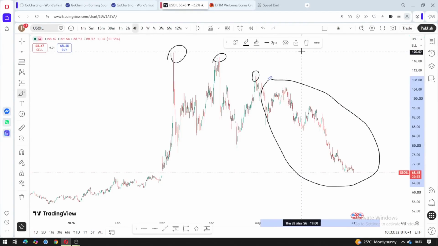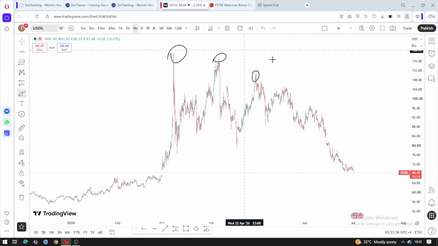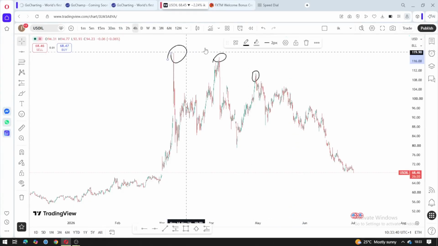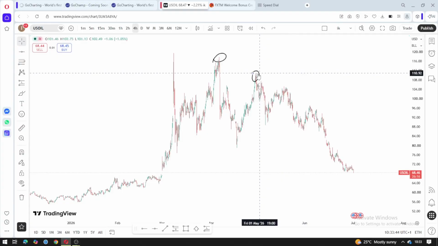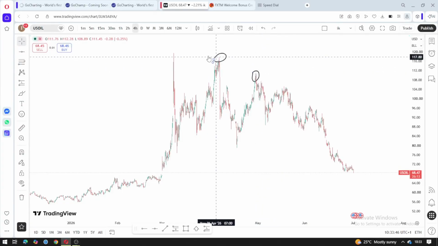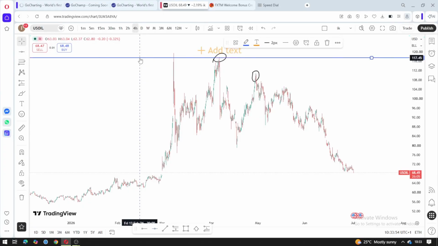It therefore means that you are only going to be drawing your trend line based on these two. This one is not included. If there is anything you want to draw here, it's going to be a resistance zone and not a trend line.